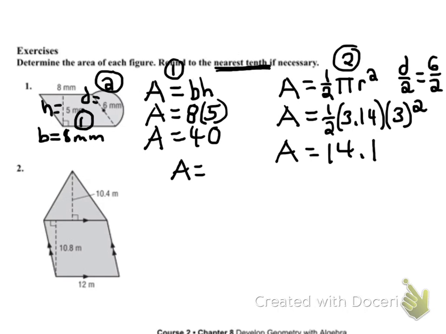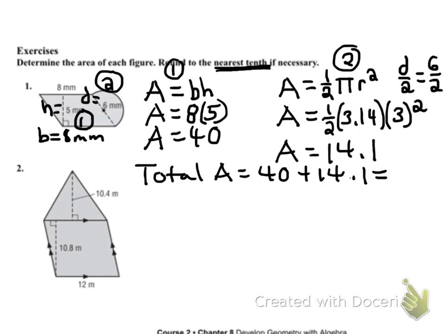Total area equals 40 plus 14.1, which equals 54.1 millimeters squared. Okay. Now we just have one more to do.